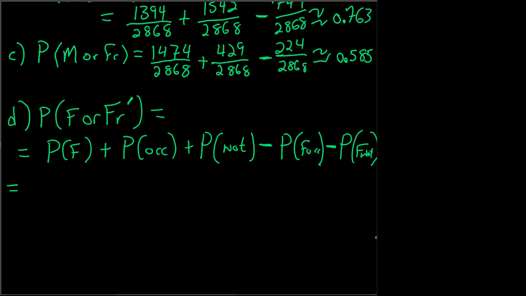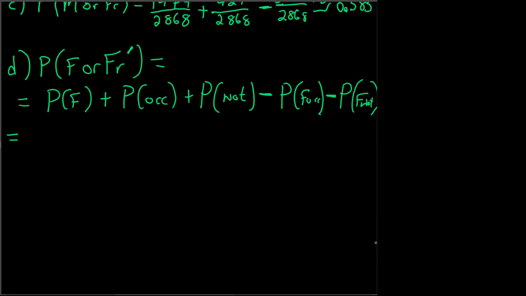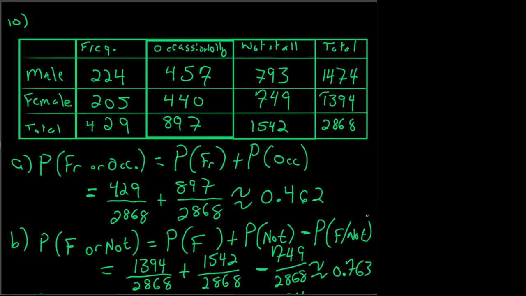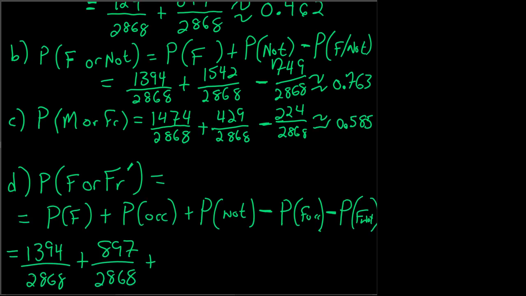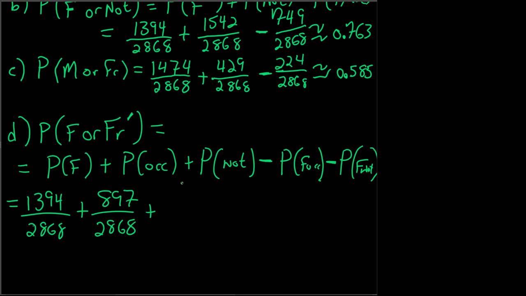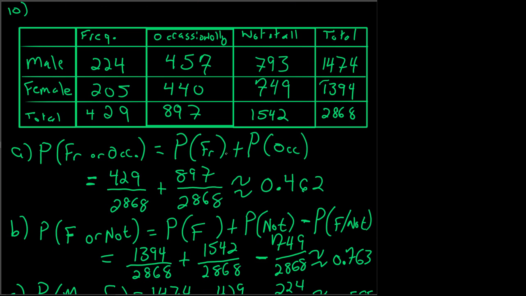So the probability of being female, I come over to female, and that's the 1394 out of 2,868, plus the probability of occasionally, which is the 897 out of 2,868, plus the probability of not at all, which is 1,542 out of 2,868, minus the overlap of occasional and not at all.